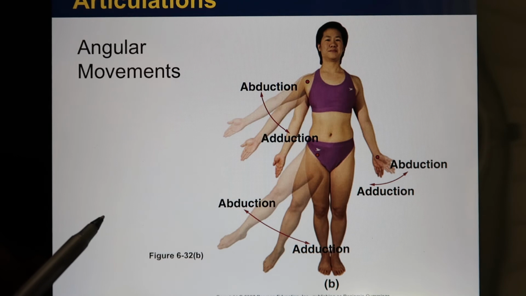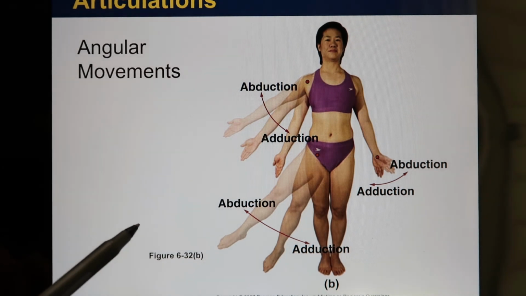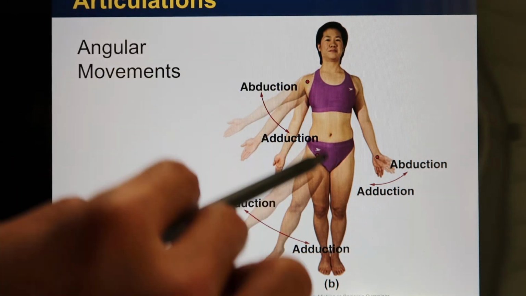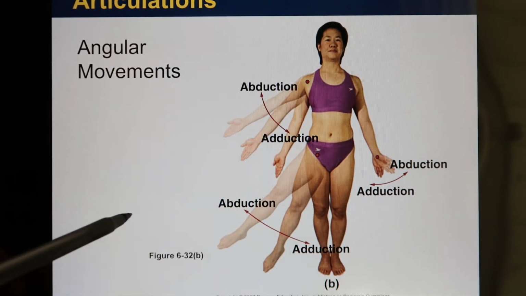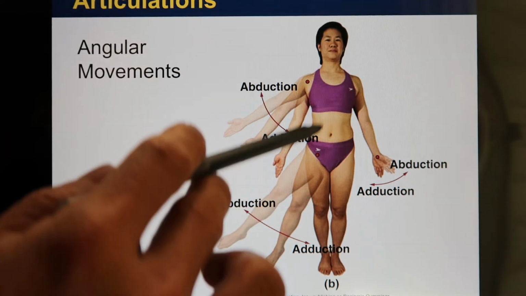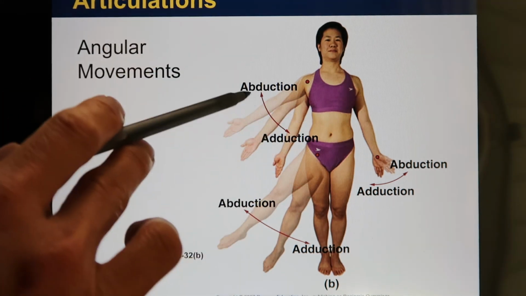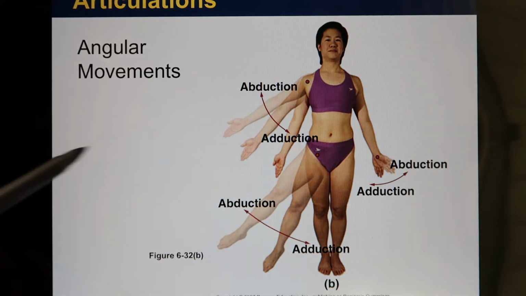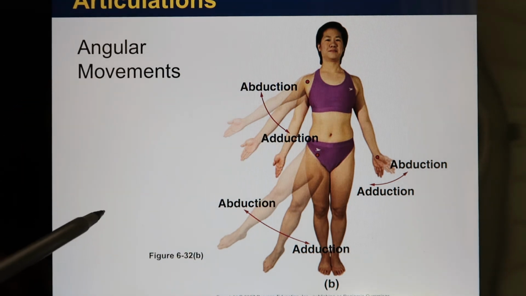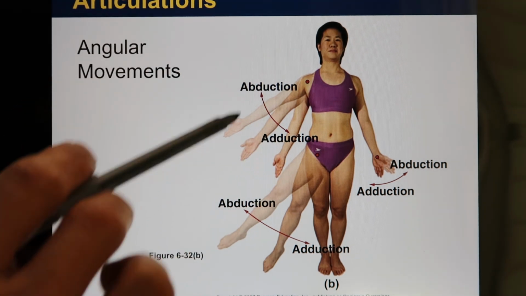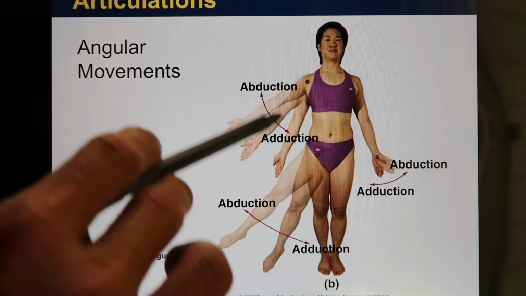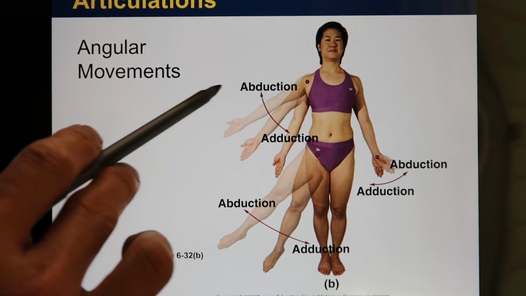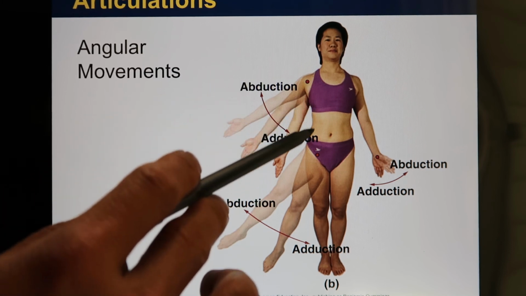Abduction, adduction. This time, this joint starts from 0 degrees. So your arm is at 0 degrees, and you start to increase the angle. That's called abduction. The definition is increasing the angle, moving away from the center line. That's abduction. And when you move it back, it's called adduction. You found I call it AB duct, AD duct. The reason is these two words sound very familiar, so I say AB duct and AD duct so there's no confusion.